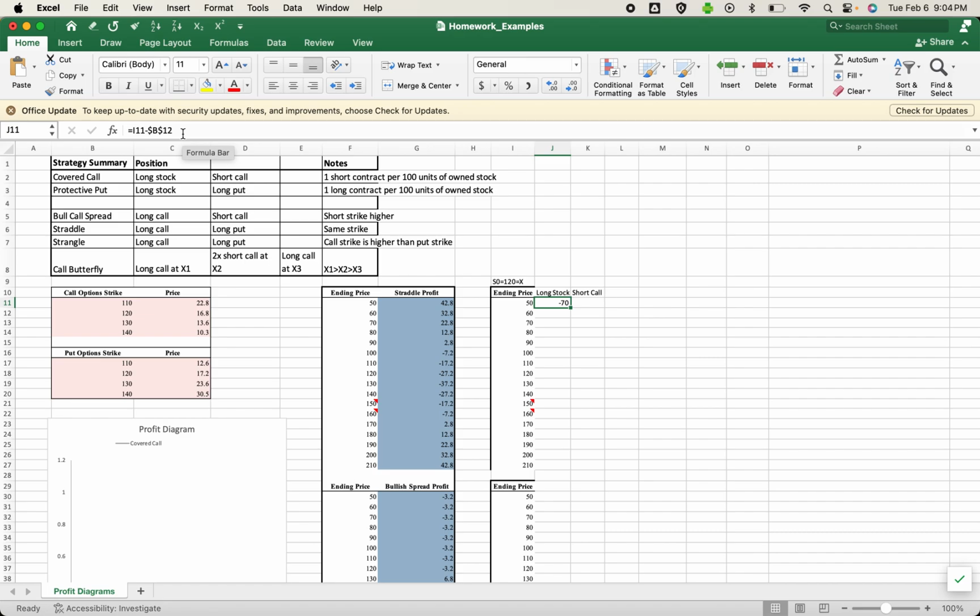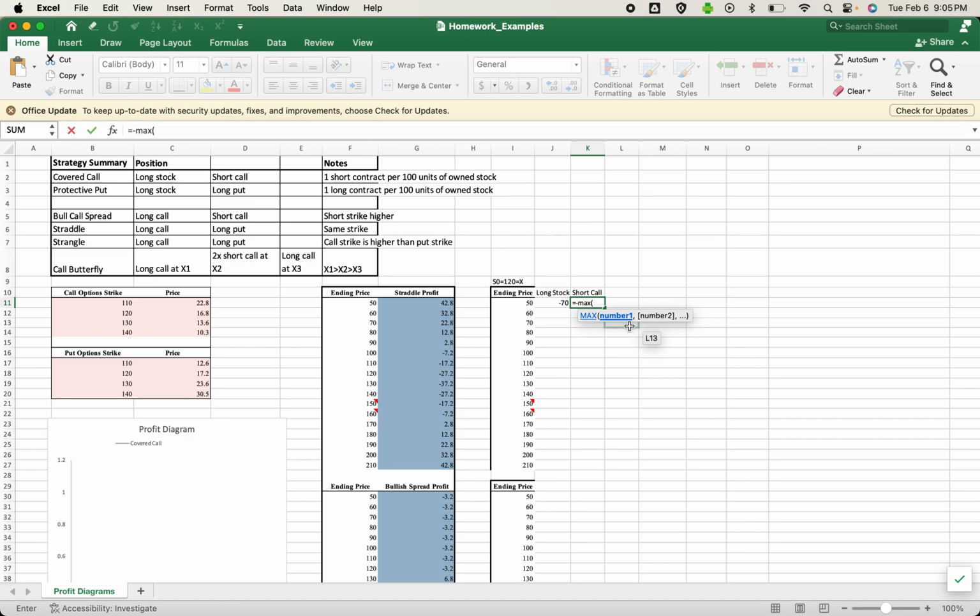Okay, so this is going to be my profit from long stock if the stock price ends at 50, starting at 120. Short call, you can rearrange the formula, but I like to simply say my short call profit is the exact opposite of the long call profit. So I'm just going to say negative maximum, and then calculate the profit as if you were long the call.